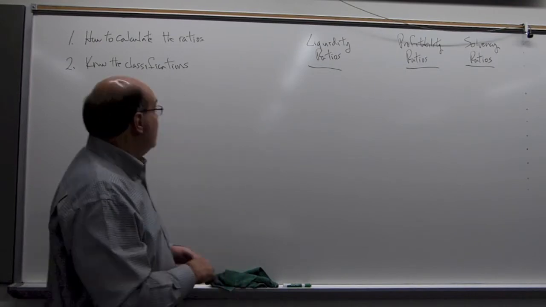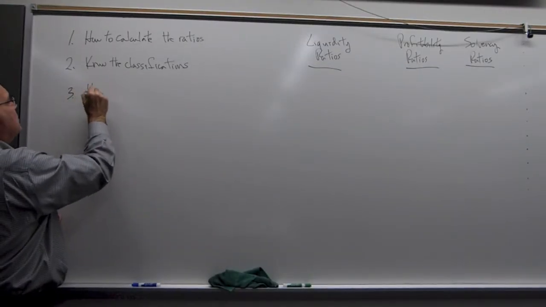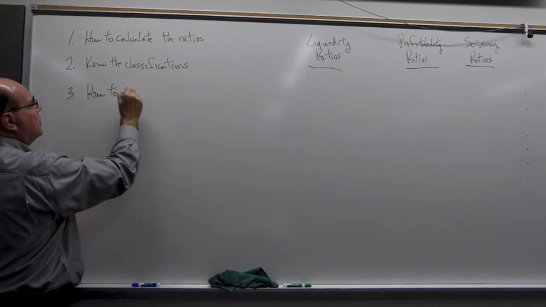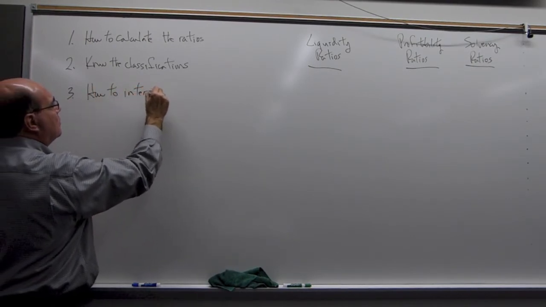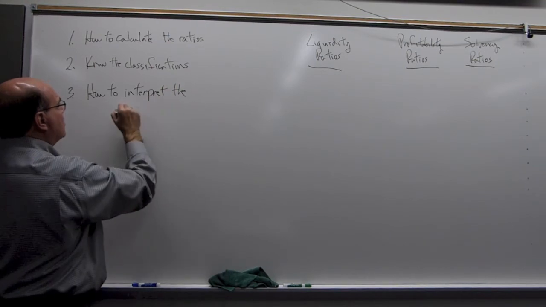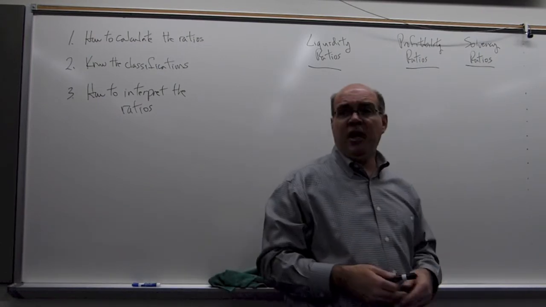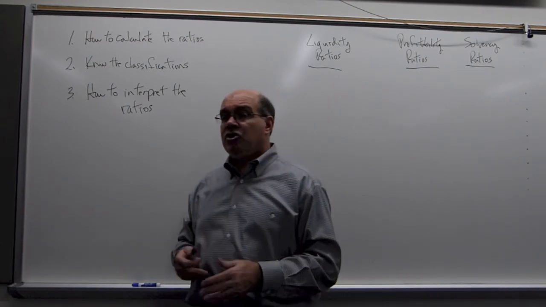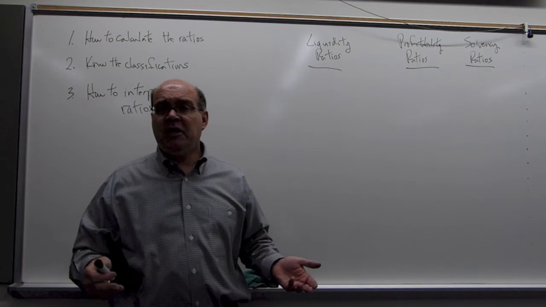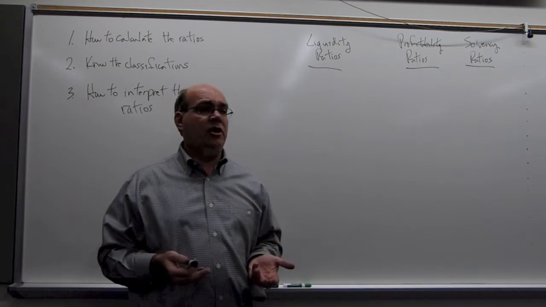Okay? The third thing that you're going to need to know is how to interpret the ratios. In other words, if you see a ratio and you calculate it, it's changed. Was it a good change or a bad change? Now, the general rule is everything when it increases is good.